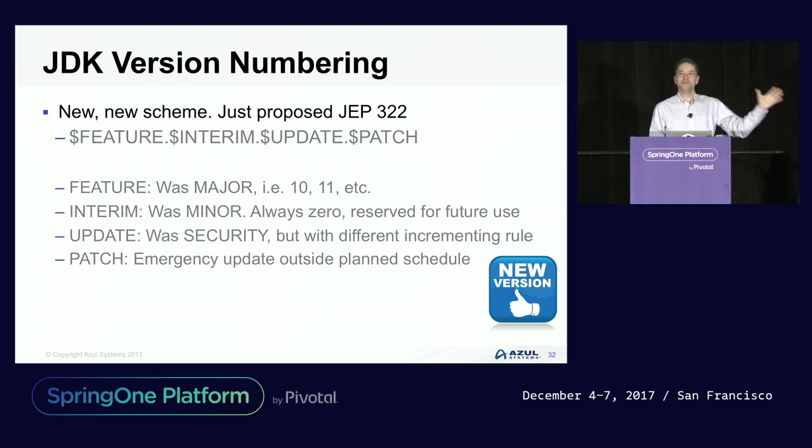Minor is always going to be 0. Well, if it's always going to be 0, why is it going to be there? Why do I need that number? Because it's future-proofing it, I suppose. Then we've got update, which was going to be security, so that's when they have to release an update to the release. And then patch is if they have to do an emergency patch between scheduled releases, then you'll update that number as well.